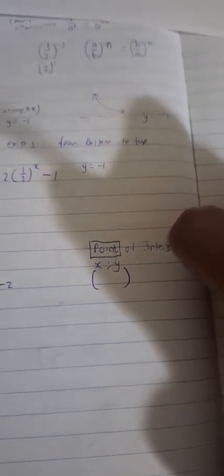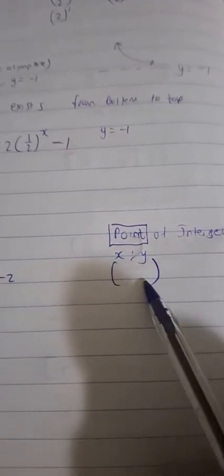Coordinates are what make up a point. They're asking us to find the coordinates of the point of intersection, the point where the two functions meet and are equal.